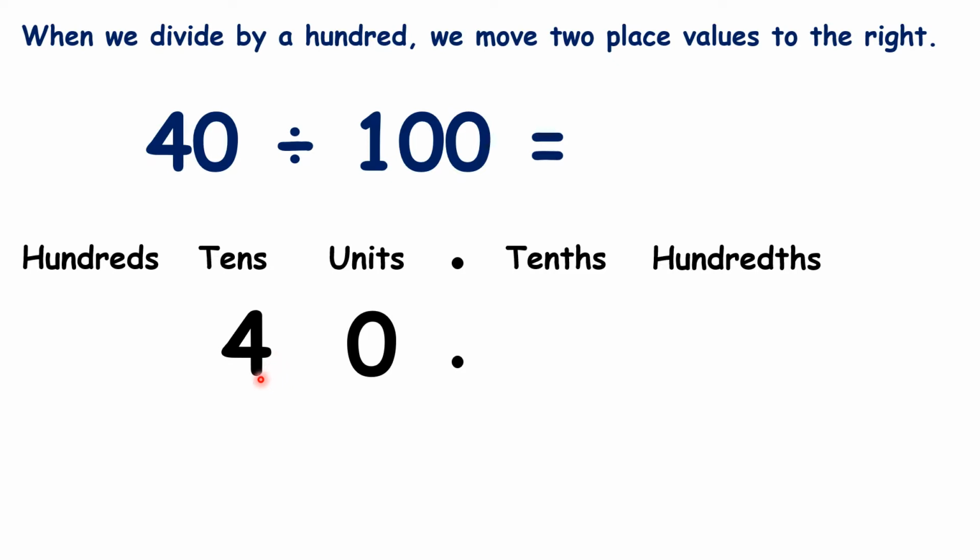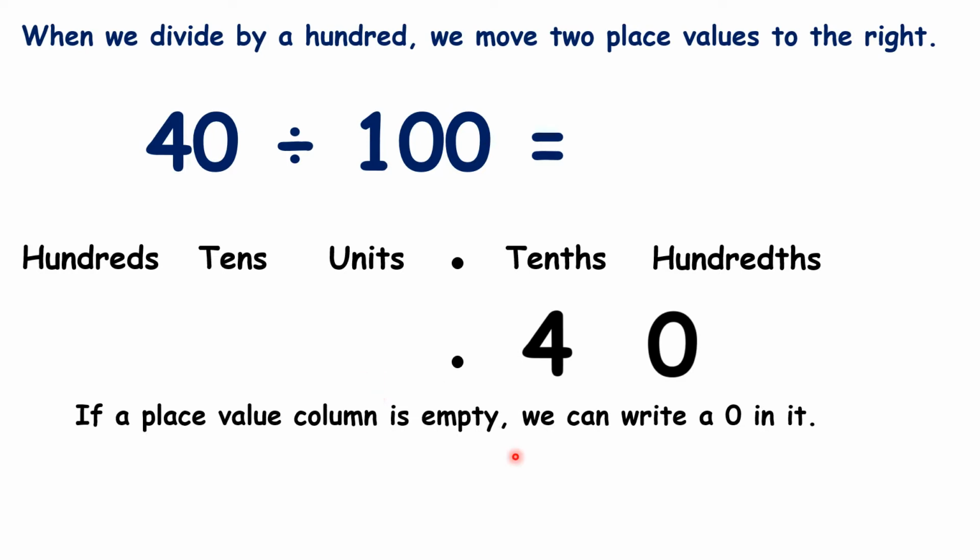So because we're dividing by 100, let's move 2 place values to the right. So we have 0.40. Now if a place value column is empty, we can write a 0 in it, and we usually do this when our units column is empty.